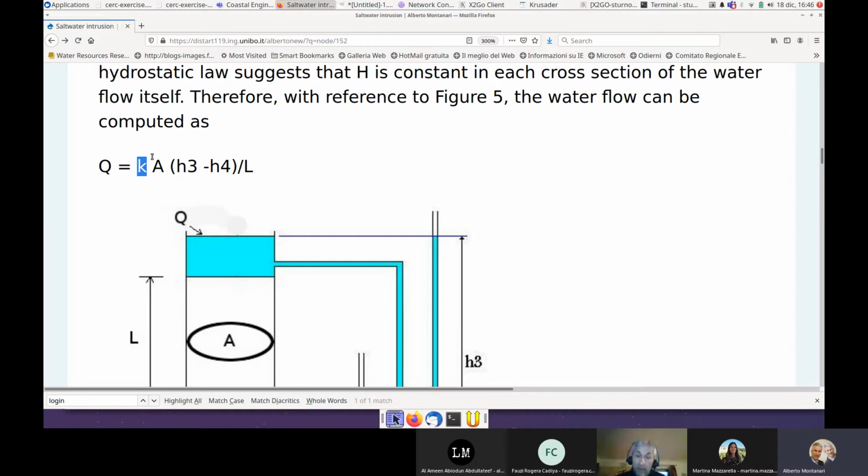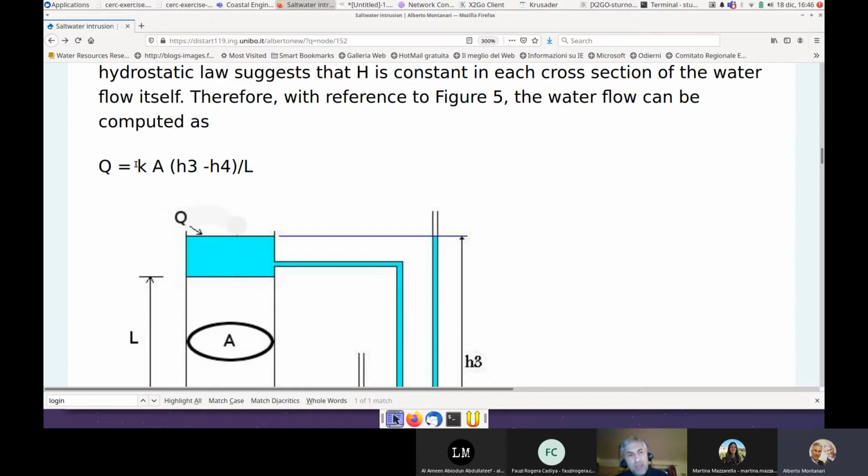You see that dimensionally it's perfect, because Q is volume per unit time, cubic length divided by time T. Here K has the dimension of a velocity, length divided by time, and A is length squared.